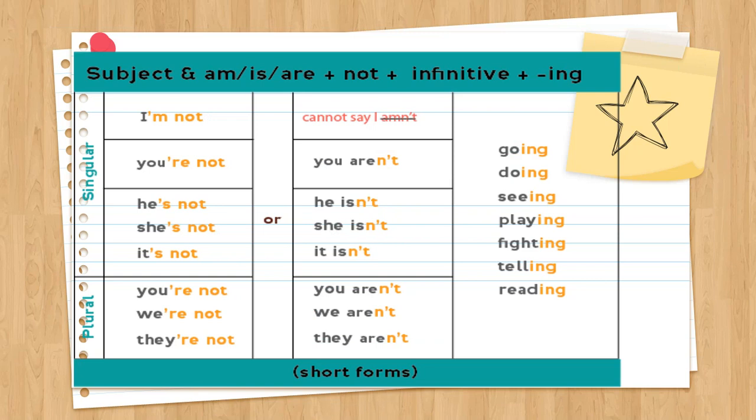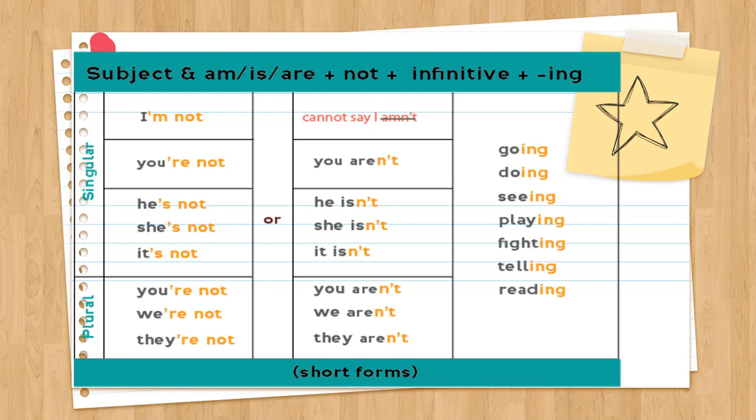And also we have here he's not or he isn't. It is the same. The only thing is that in one you contract the pronoun plus the verb, he's, and in the other you contract the word is plus the word not. You say isn't.